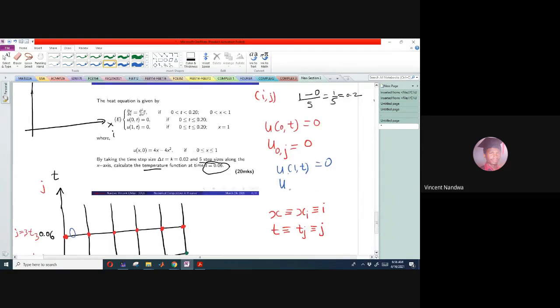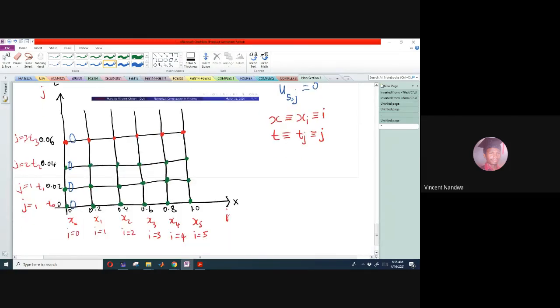So 1 corresponds to i equals 5, and t is general j, equals 0. This one tells us that whenever the value of i is 5, for any given value of j, we get 0. And this grid, this is the line i equals 5, which means that the value of the function at any node along this line will be 0. So this is 0, 0, 0, 0.